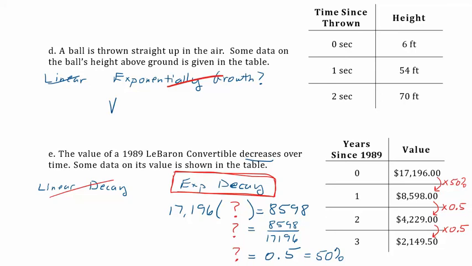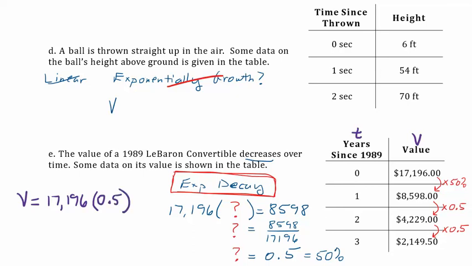All right, so just for kicks, let's go back and see if we can write some equations. Let's do this equation right here. This is good practice because students kind of struggle with equations sometimes. So let's call this value V, and let's call this T years. So to write my formula for exponential decay, I'm going to say my value started at $17,196, and then what did I multiply by? 0.5.